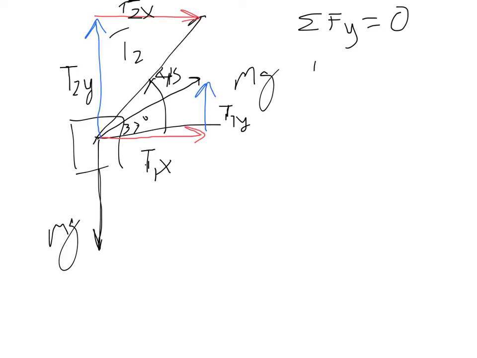We know that T2y plus T1y equals mg. Does that make sense? Questions?